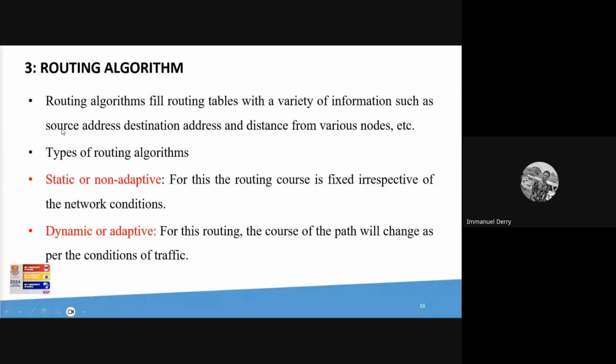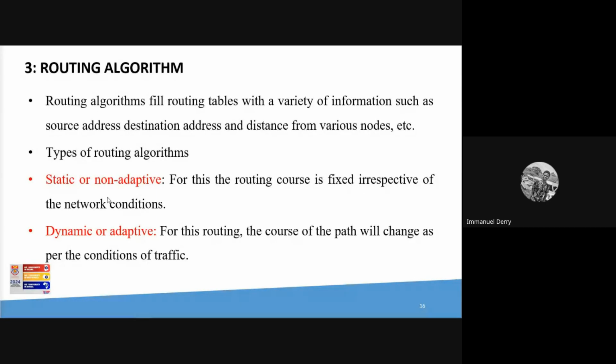So we have some types of routing algorithms. We have the static or non-adaptive routing algorithm. In this process, the routing course or the path is fixed, irrespective of the network conditions.